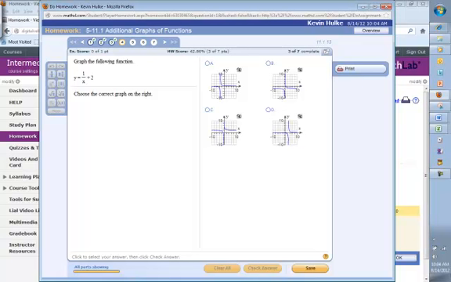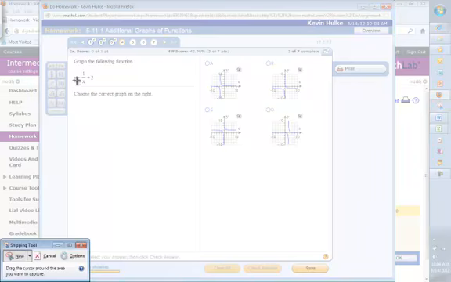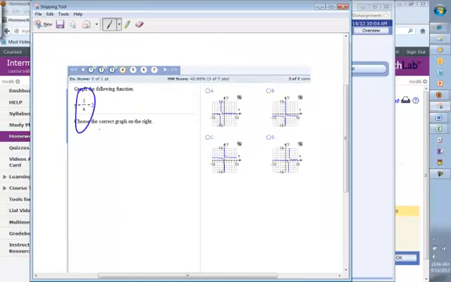1 over x plus 2. Notice there's no change in the x, and so it will be a regular inverse function. And this function ordinarily looks like, well, here's the axes.